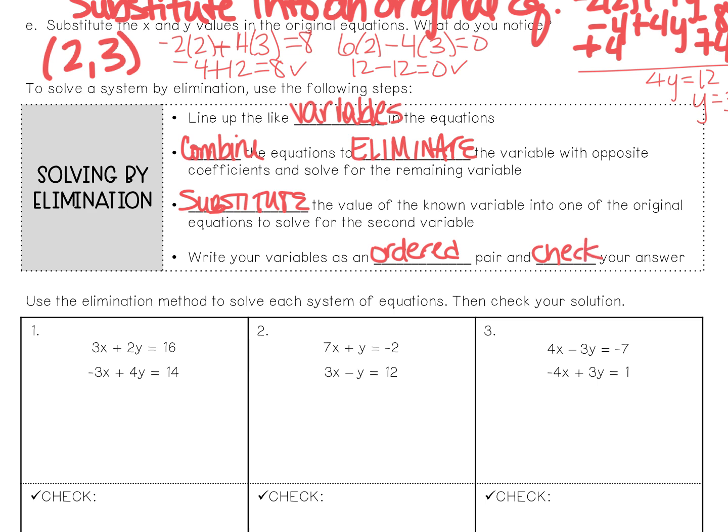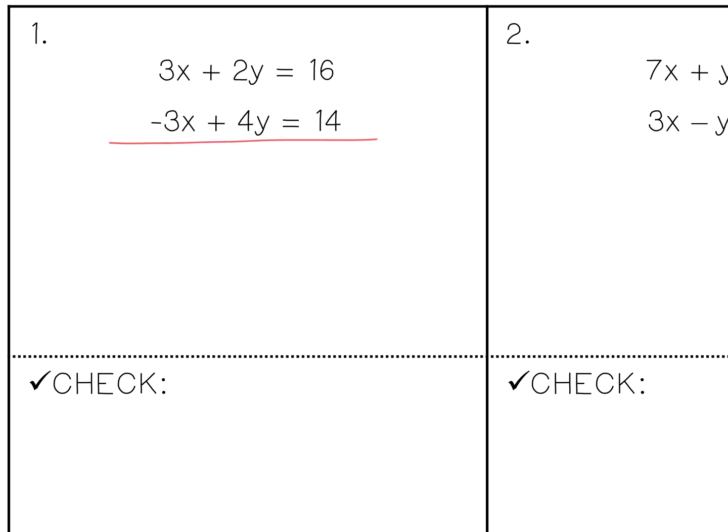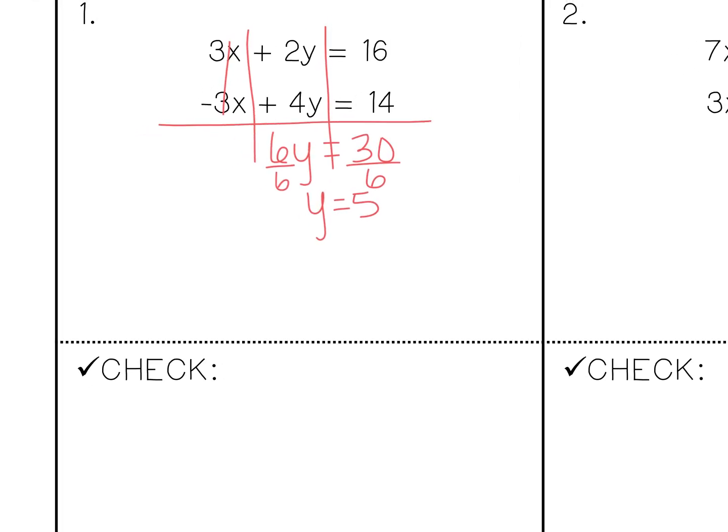So we're going to look at a couple of different ones here. Remember, we're just thinking like elementary school. We're thinking vertically. So I can see that my 3x's are going to cancel. I get 6y equals 30, and we're just doing whatever those signs tell us. So y is 5. And then we're going to pick an original. I'll pick that first one.